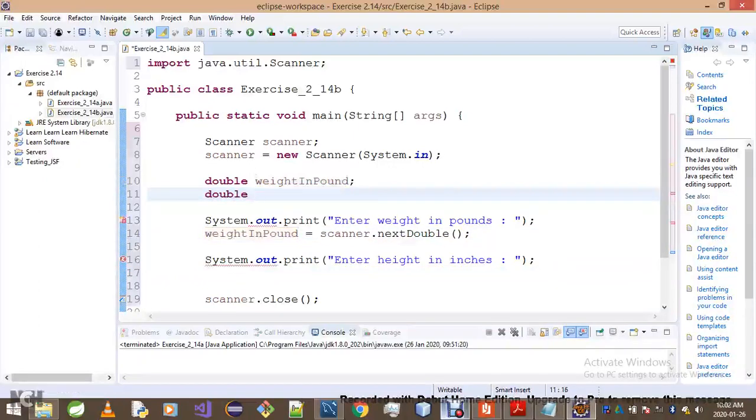So the reason why we had an error, height in inches, the reason why we had an error, our compiler thought that we were declaring a second variable with the same name as the one we had before. Okay, so what we simply do here, height in inches.